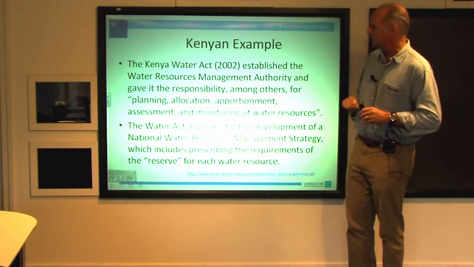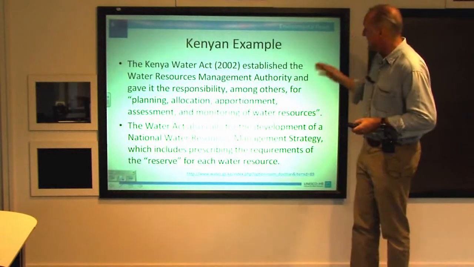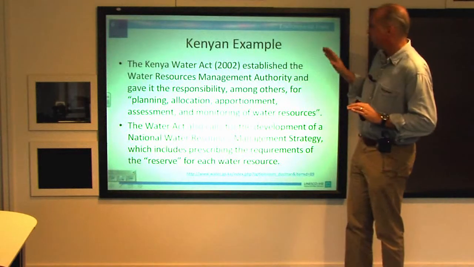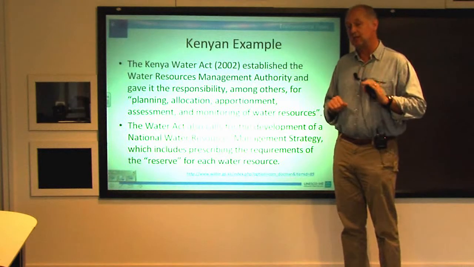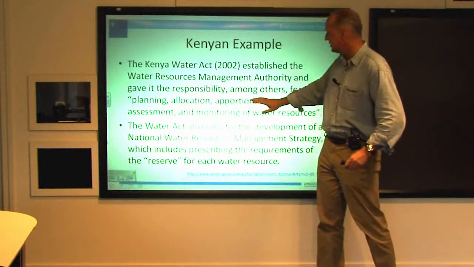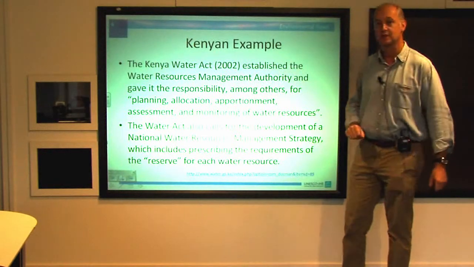In 1992, Kenya developed a new Water Act, and in that Water Act, they established a new institution, the Water Resources Management Authority. And they gave the responsibility to that institution of planning, allocation, apportionment, assessment, and monitoring of water resources.